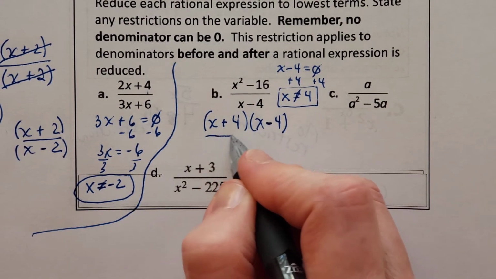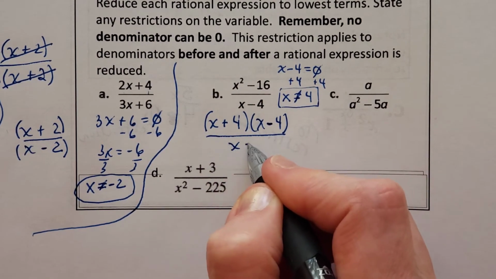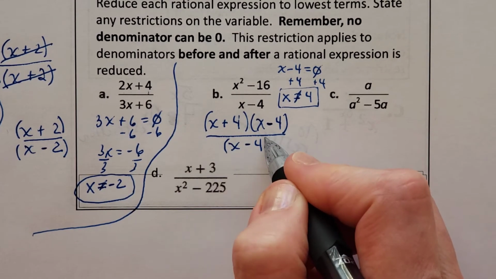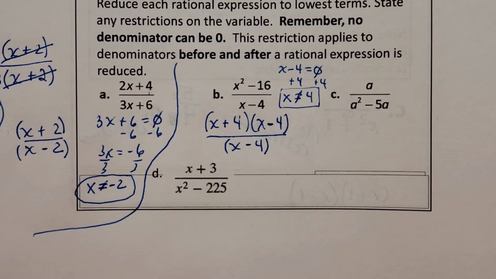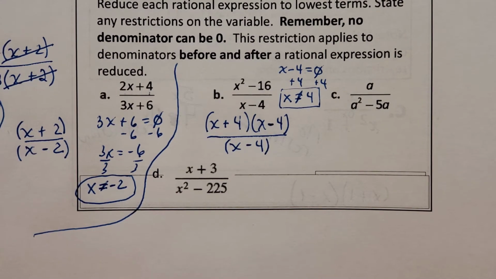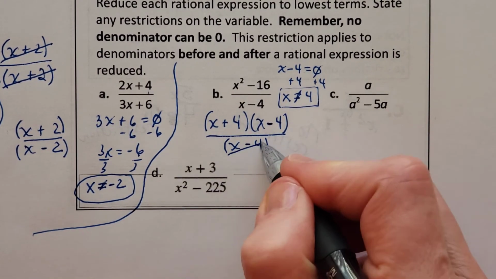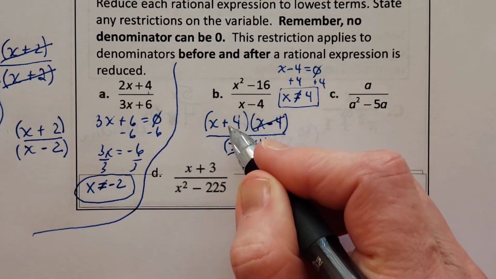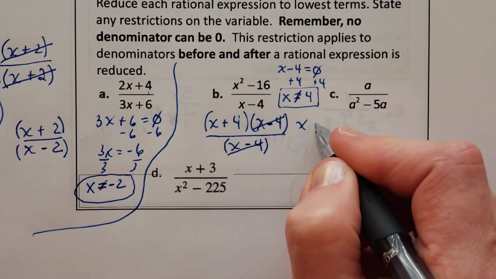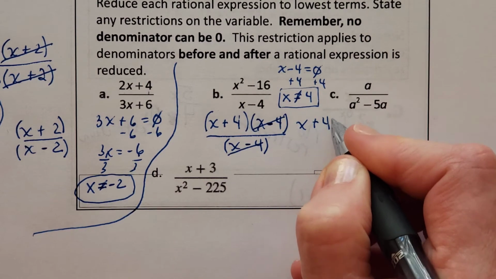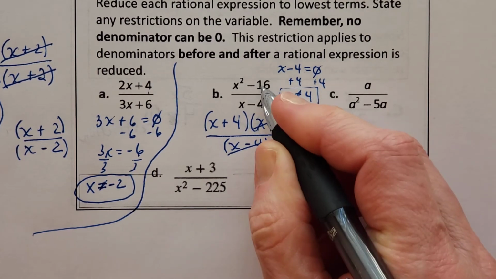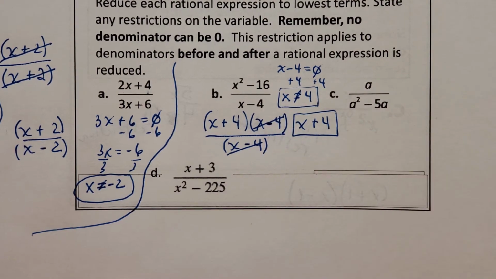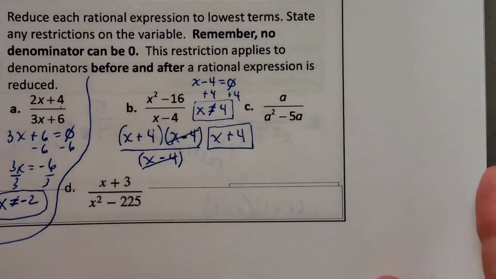All right, so that's the numerator over the denominator. Now, remember that minus sign holds this whole expression together. So can we cancel something that's exactly the same on top and bottom? Yep, we sure can. That goes away. It's just 1, and 1 times x plus 4. The answer is x plus 4. That is that expression right there simplified. These have the same value. All right, so that's letter B.